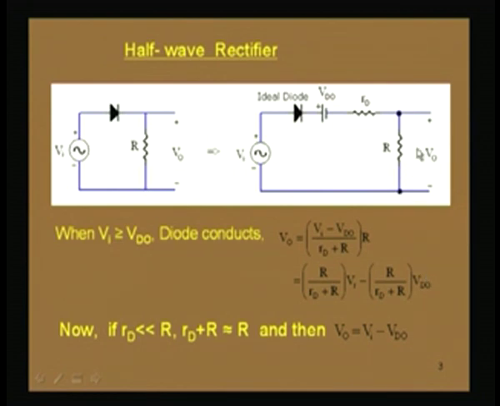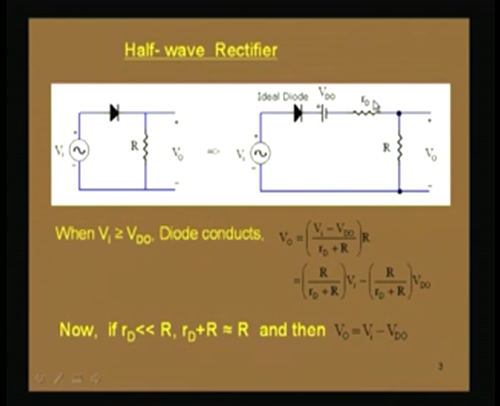Now, practically in such type of circuits, the resistance R is comparatively very high in comparison with the average resistance of the diode. Average resistance of the diode is in the order of a few ohms only, and we can very well ignore this resistance in comparison with this resistance R, which is far bigger than R_D.